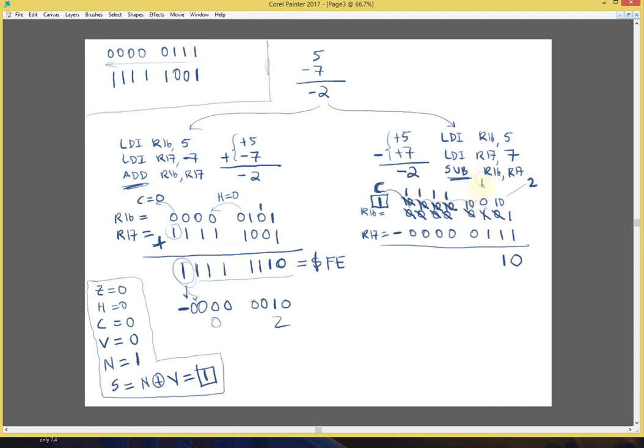But then we come down to where the reason this whole process started. This guy needs a 1, so I steal a 1, it becomes 1, and this guy becomes 2. 2 minus 1 is 1.